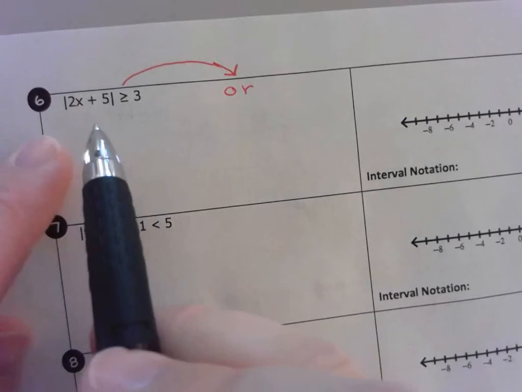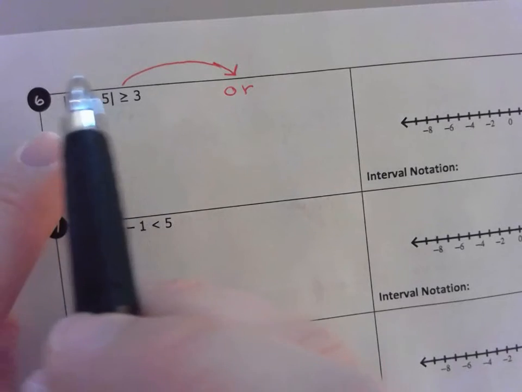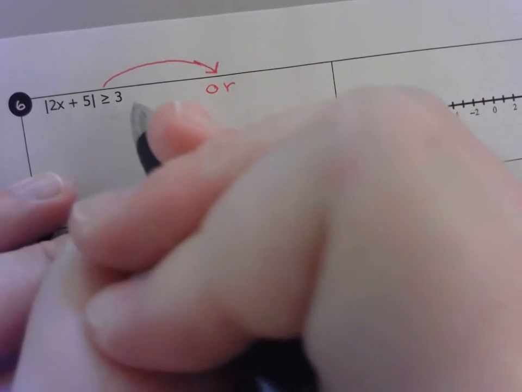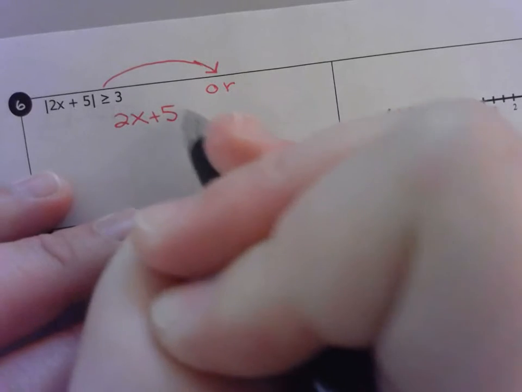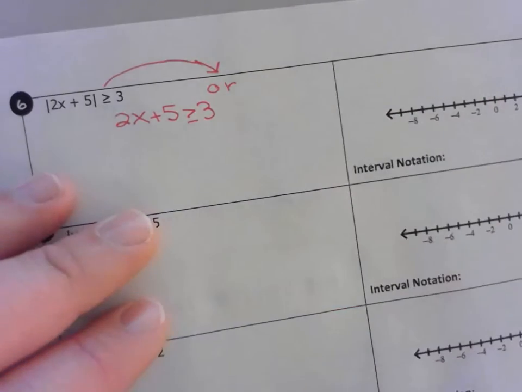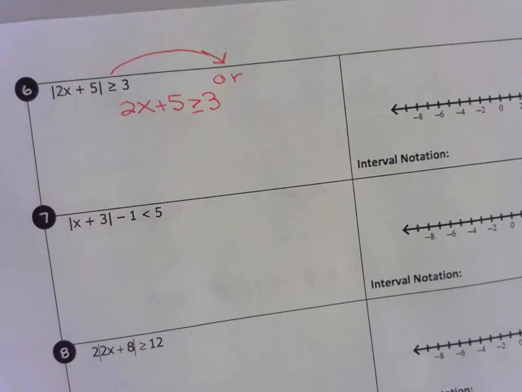Absolute value time. Let's get rid of it. Okay, I take the inside part. My first absolute value will look like what? (2x plus 5) is what? Yep. The first inequality comes from just dropping the absolute value. When we had an equation, we set it equal to a positive. You just leave it the same for this one.